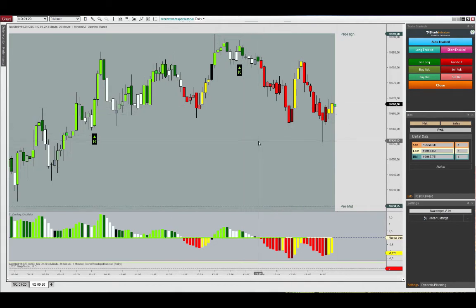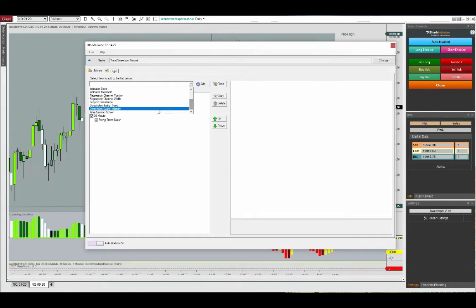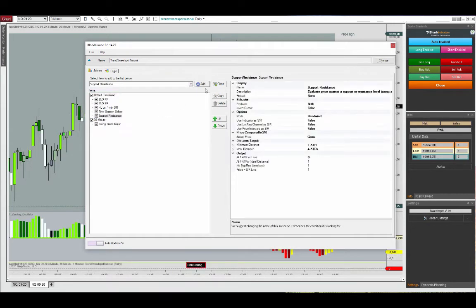And if we go in here, modify that, select the support resistance solver, key resistance, and we'll call this the session levels.